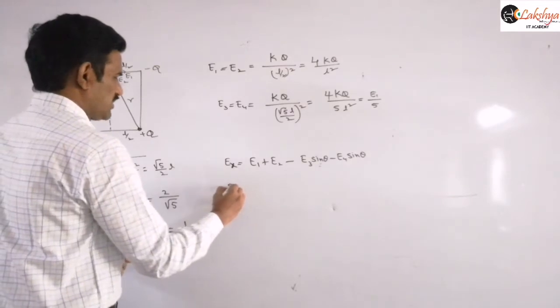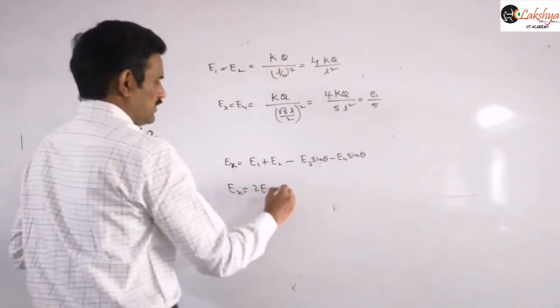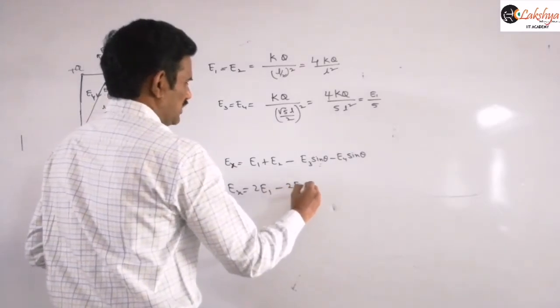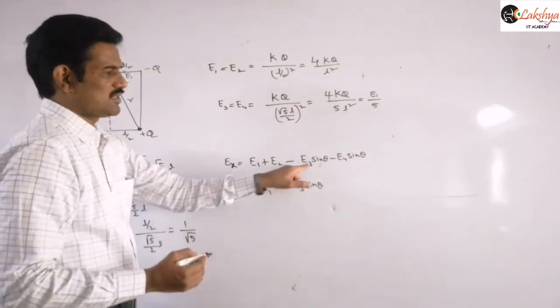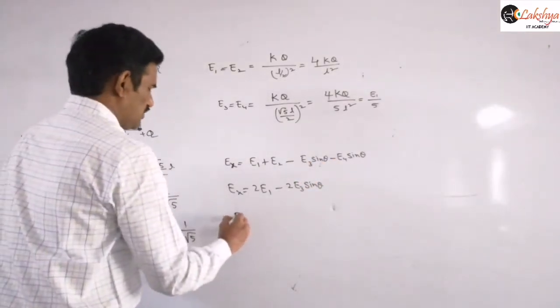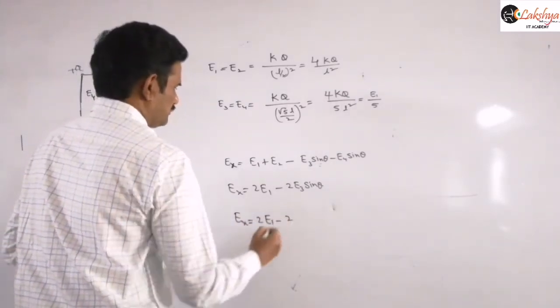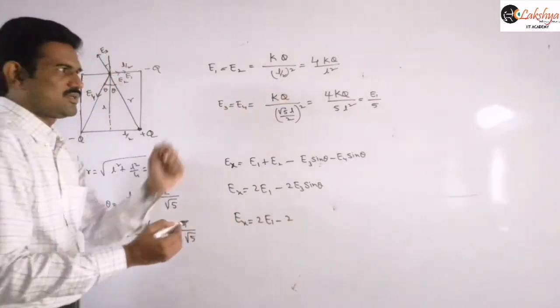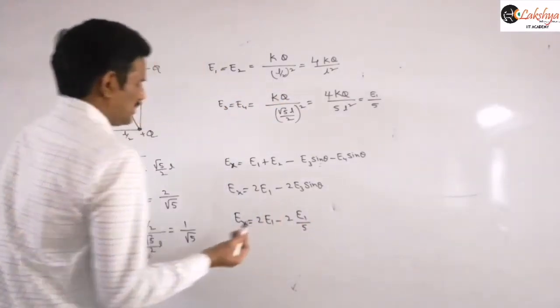So this further we can simplify as 2E1 minus 2E3 sin theta. E1 and E2 are equal, I am replacing them, and E4 and E3 are also equal in magnitude. So therefore Ex is equal to 2E1 minus 2E3, and again you can write E3 in terms of E1, so E1 by 5 into sin theta.